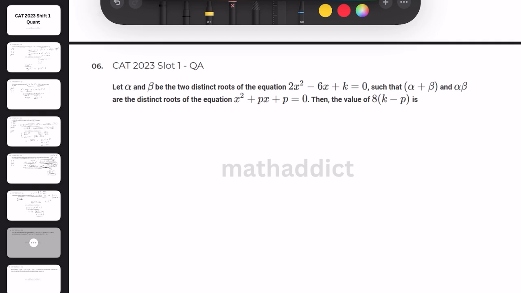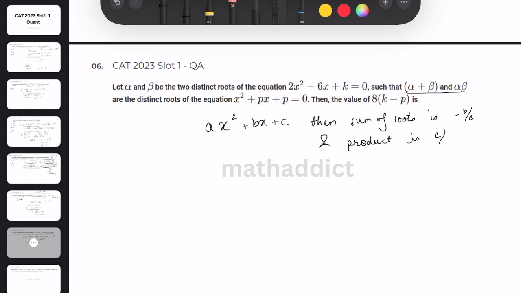Let alpha and beta be the 2 distinct roots of this equation such that alpha plus beta... and so recall, if a quadratic equation is ax square plus bx plus c, then sum of roots is minus b by a and product is c by a.